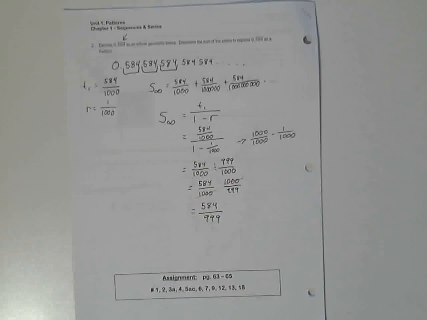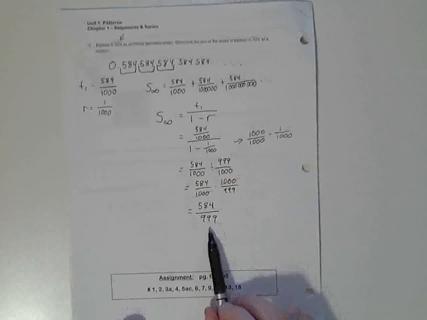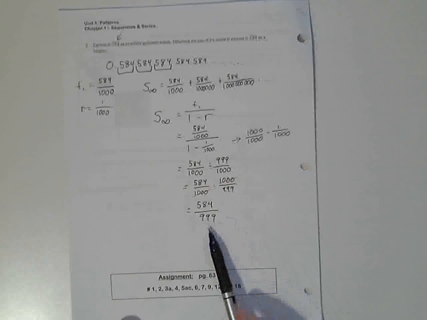We could try some other numbers like 7, 21, 71, 73, but I don't think these are actually going to divide. Somebody in the class let me know, because I know some of you have the fancy calculators that turn these into reduced fractions. Mine won't do that, but I think this is lowest terms. I can't be certain, but I think it is.